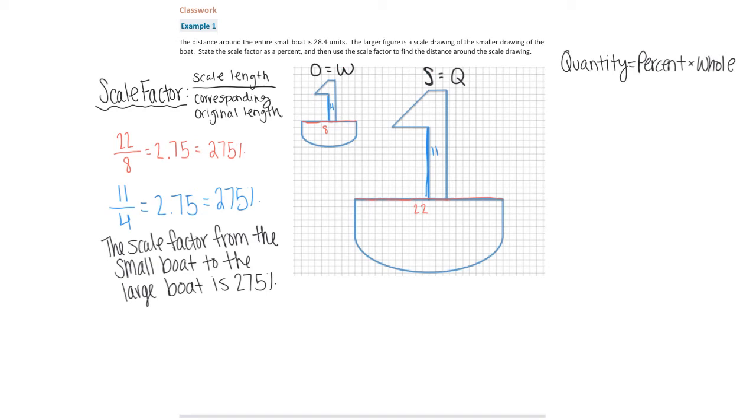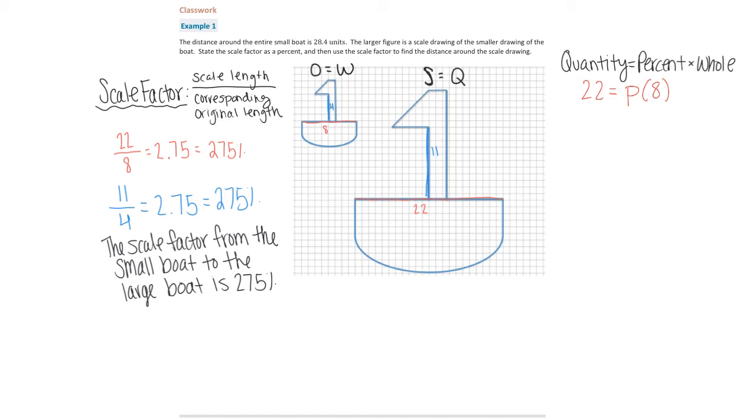So looking here, we can choose one of the corresponding lengths. Let's choose the red one again. For our original, we're going to have 8, and for our quantity, we have 22. So we're going to have 22 equals our percent, and we're going to leave P as the variable for percent, times our whole, which is 8.